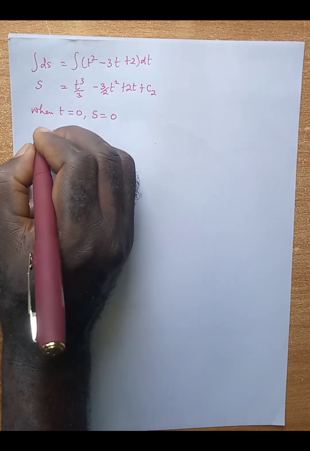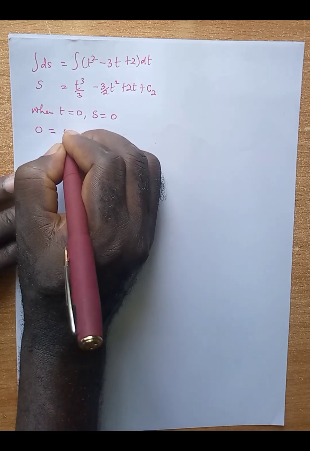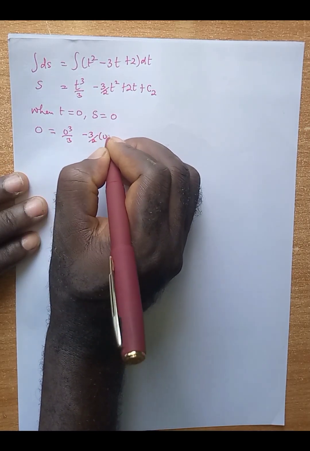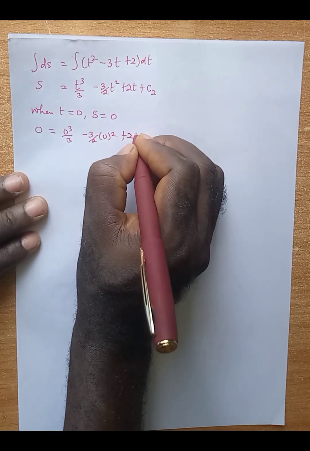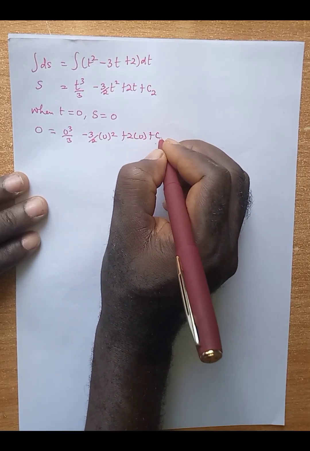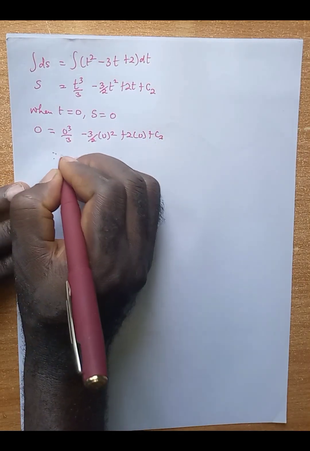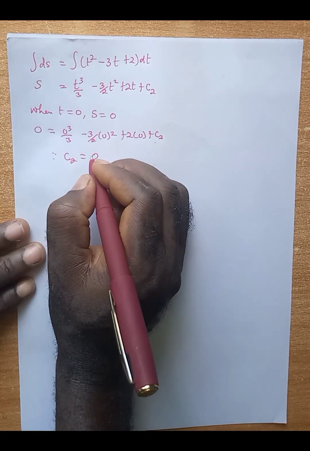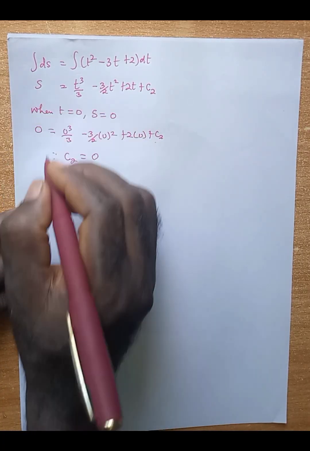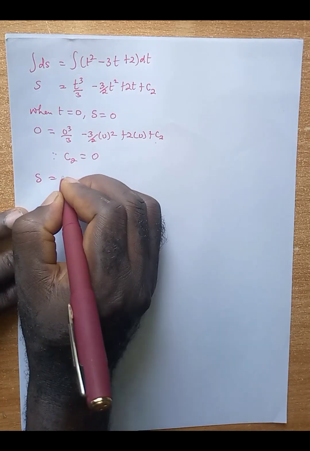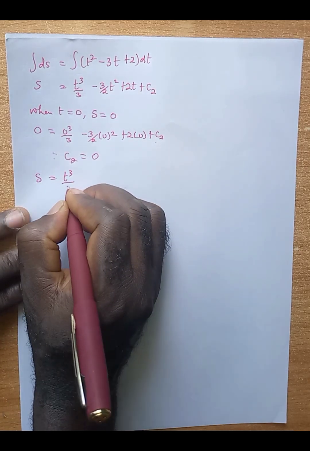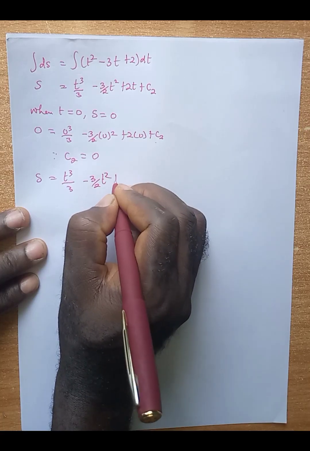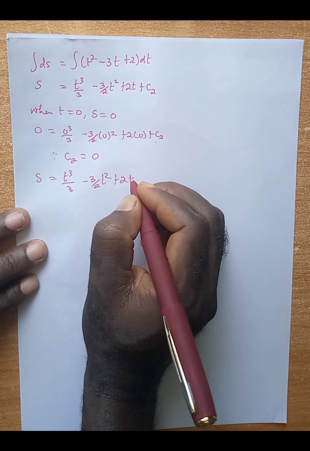Then when we substitute the value, we have 0 is equal to 0 cubed over 3 minus 3 over 2 into 0 squared plus 2 into 0 plus c2. When we evaluate this, our c2 will also be equal to 0. Then the original function for the distance will be s is equal to t cubed over 3 minus 3 over 2 t squared plus 2t.